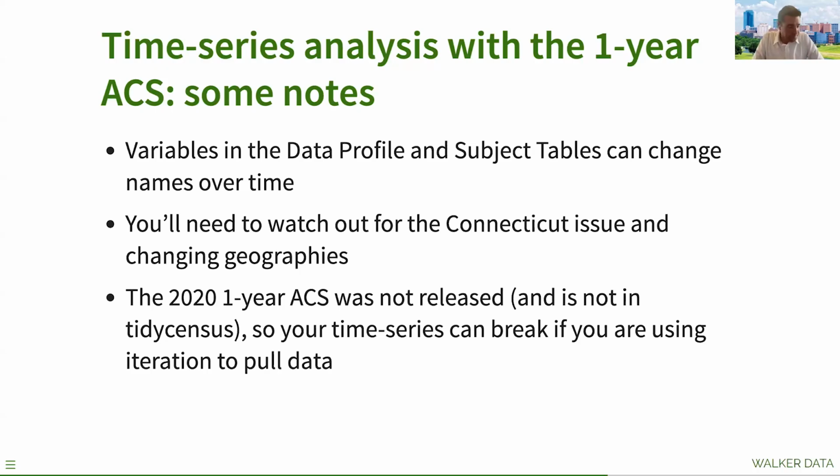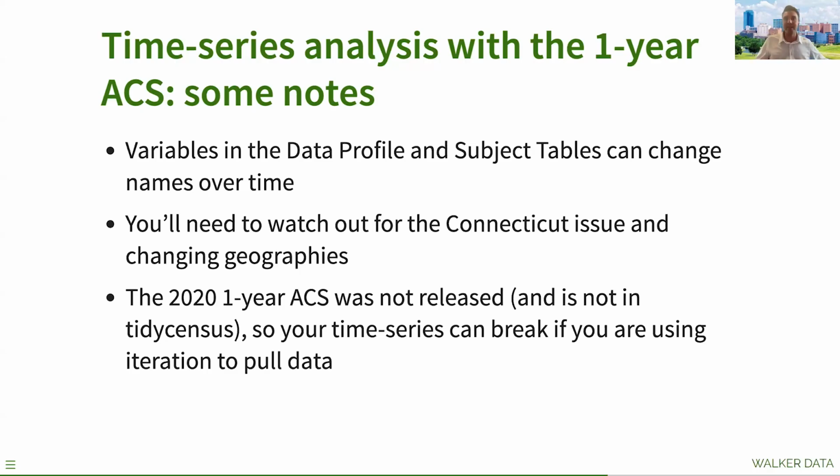And the reason for that will be that the variable ID 10 years ago doesn't represent the same thing as it represents now. So they do move those around. And so that's just something you need to be aware of and make sure you're checking with load variables when you do that. I mentioned the Connecticut issue, but I didn't clarify that.